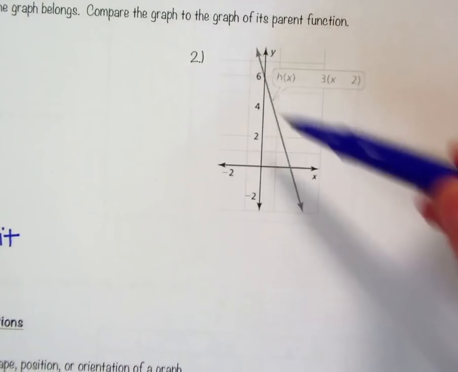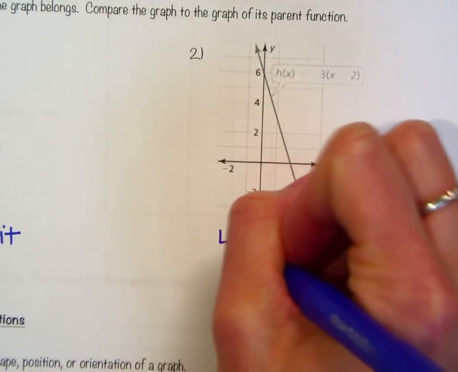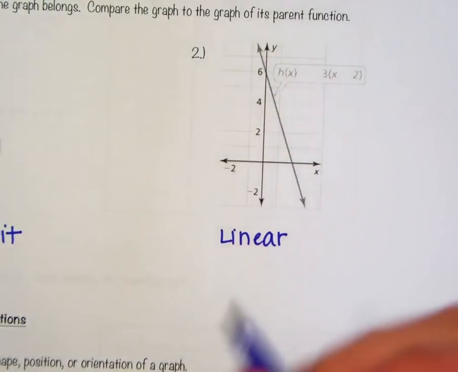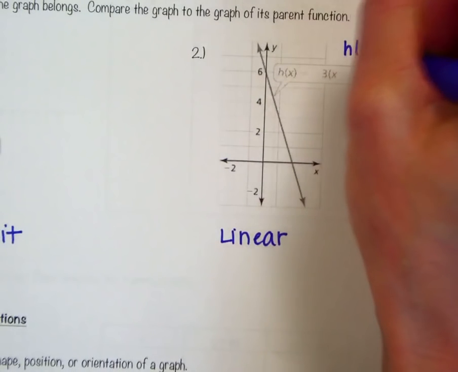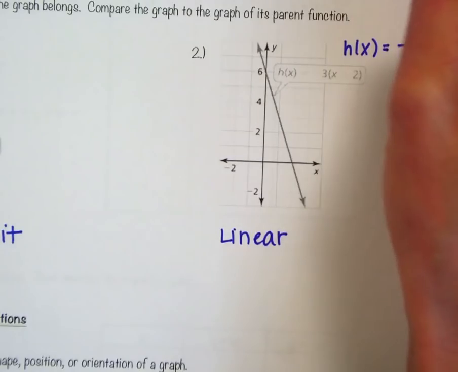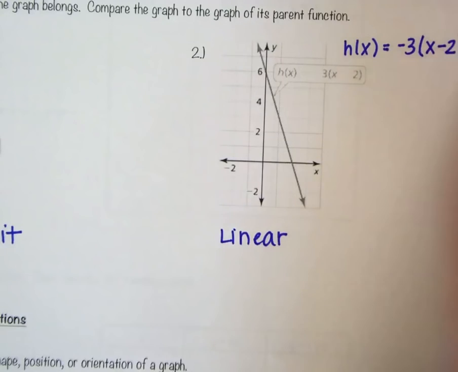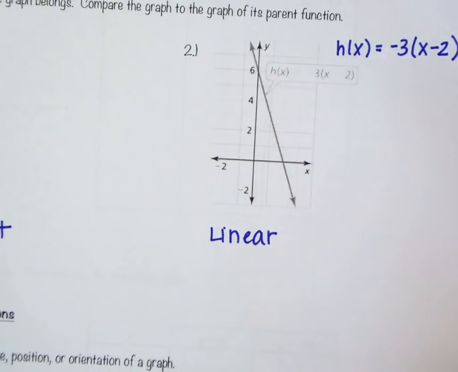So here I see a straight line. So this is part of our linear family. Okay, and I know this is kind of hard to see. This is h of x equals -3 times the quantity x minus 2. It's hard for me to even see. That's what this equation is.